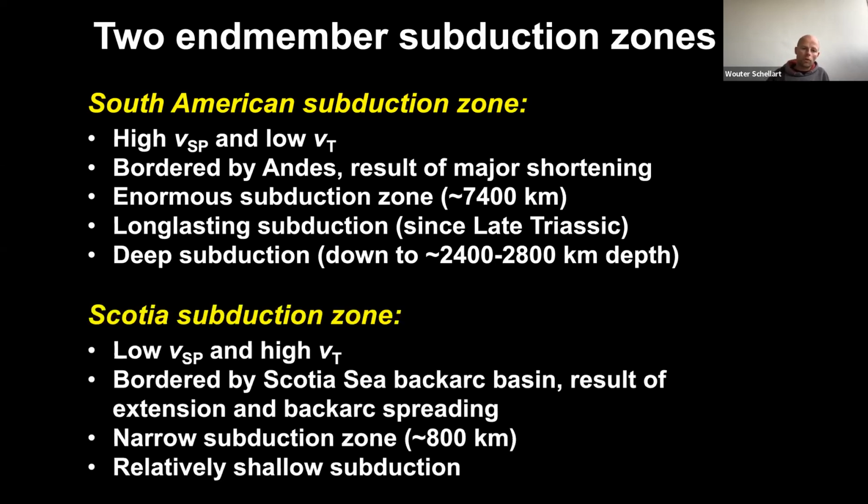And the Scotia subduction zone, what do we find? Low VSP, high VT, so subduction mostly accommodated by trench retreat. Bordered by the Scotia Sea back-arc basin, resulting from massive east-west extension. A narrow subduction zone, about 800 kilometers measured along the trench, and also relatively shallow subduction.